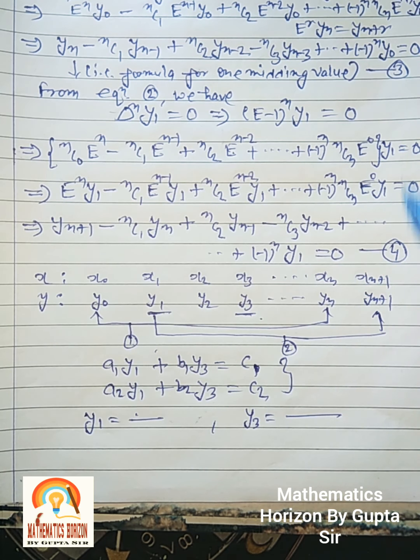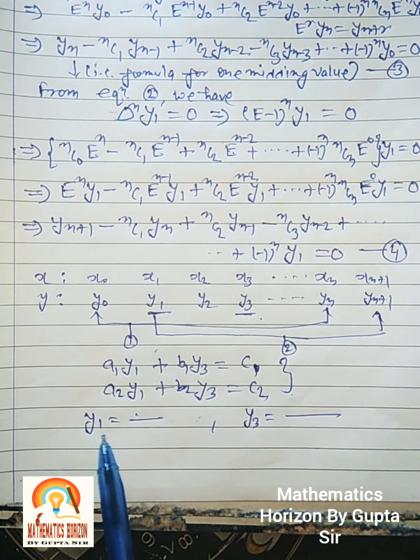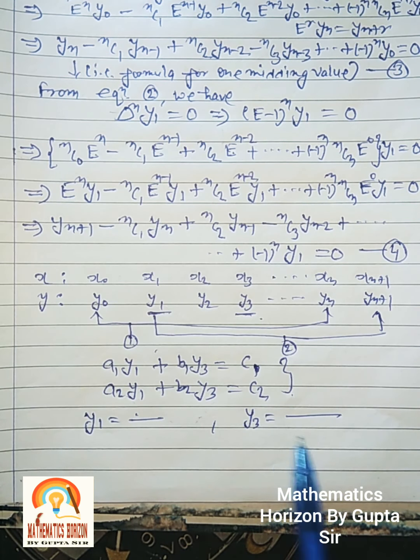When we solve equation 3 and 4, we get these two equations, and on solving these two we can find out the final solution, and this is called Newton binomial method for two missing values. Now we will take an example for better understanding the problem.